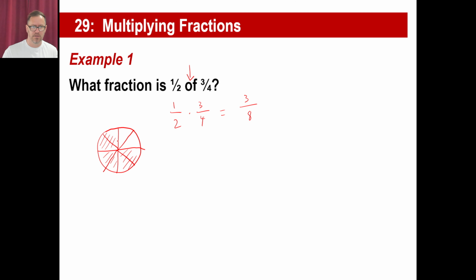If I were to go 1/2 of that, I would just include this part right there, this part right here, because that's 1/2, and that part right there. So you go, oh, wait, this is divided into 8ths. 1, 2, 3. 3 parts out of 8, 3/8. Yep, there it is.